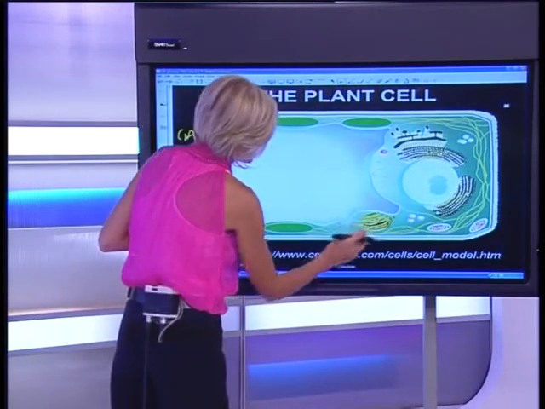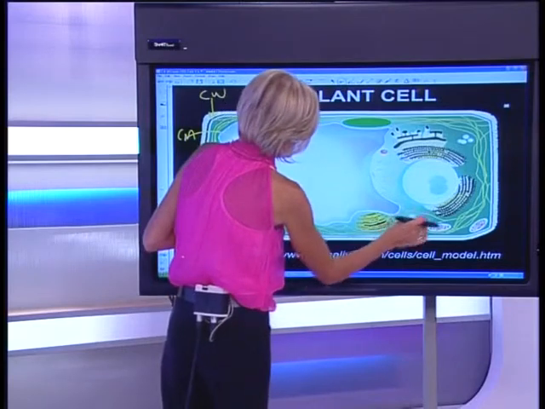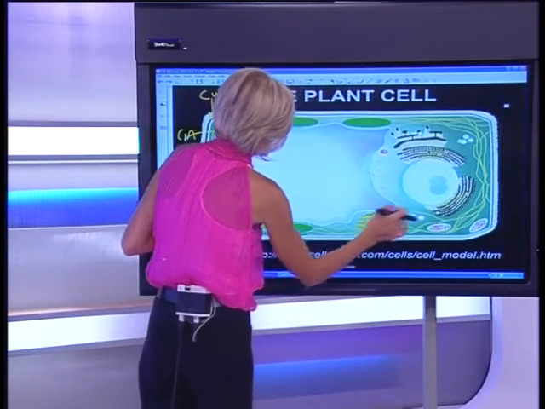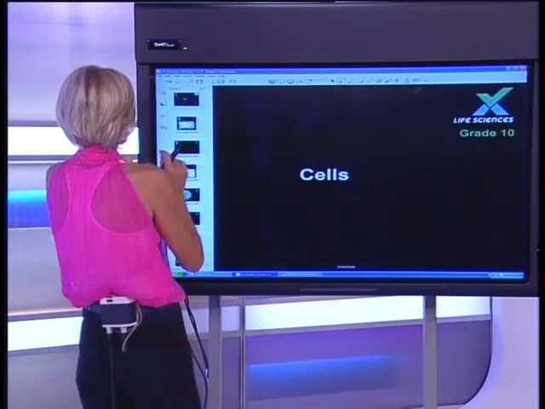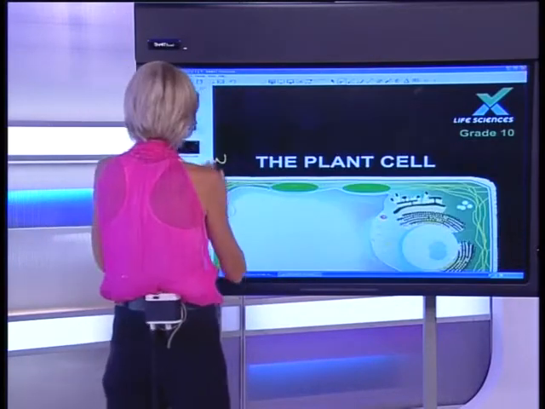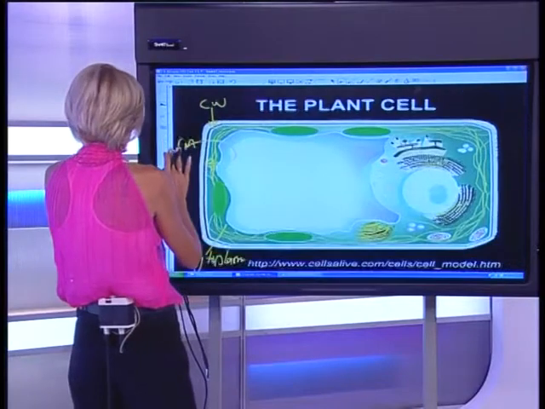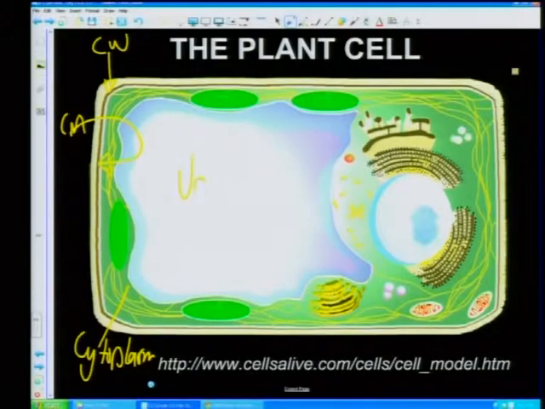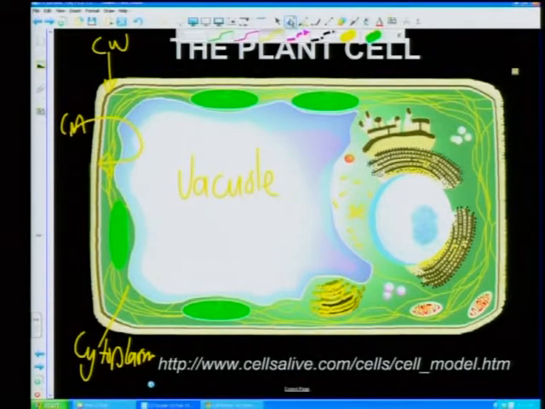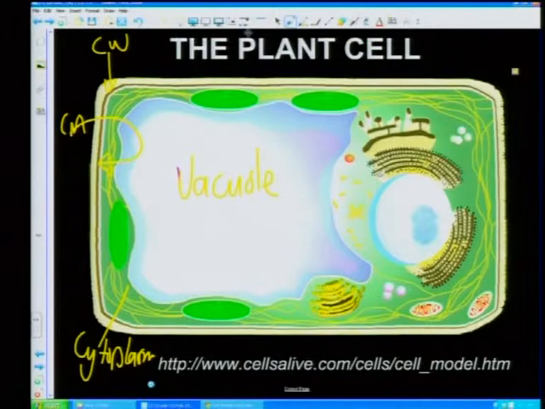Here's the Golgi body here, and then we have these little structures that are in there, and this whole large structure, this whole big thing in the middle here is called the vacuole. Okay, let's choose another color. The vacuole. Now, the vacuole is what I'm going to do next.